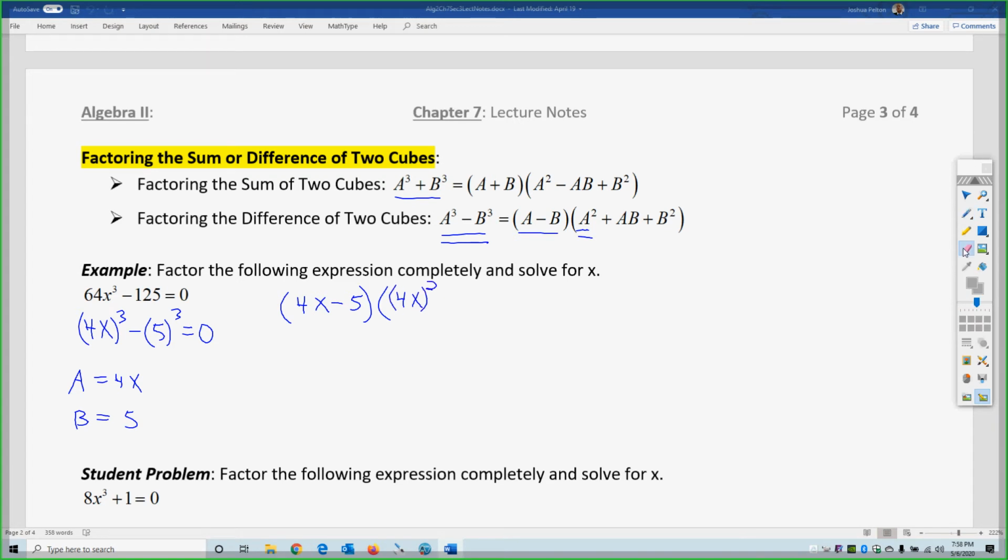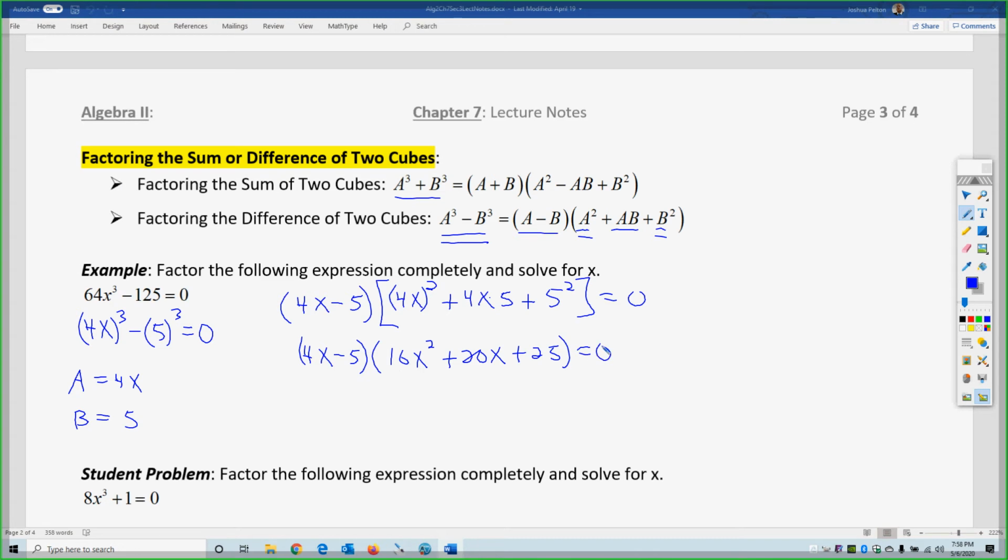So on the trinomial part, put brackets, plus AB, so that's 4x times 5, plus B squared, so that is 5 squared. So simplified, 4x minus 5 times 16x squared plus 20x plus 25 equals 0.